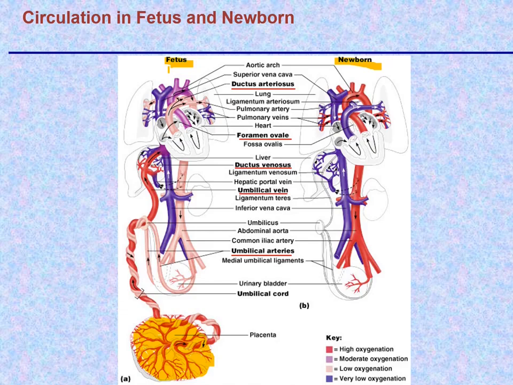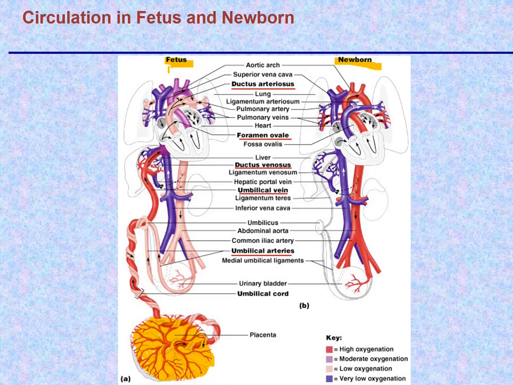Gases diffuse across, oxygen from the mother to the fetus and CO2 the other way, and nutrients diffuse from the mother to the fetus, and metabolic wastes diffuse from the fetus into the mother's circulation.